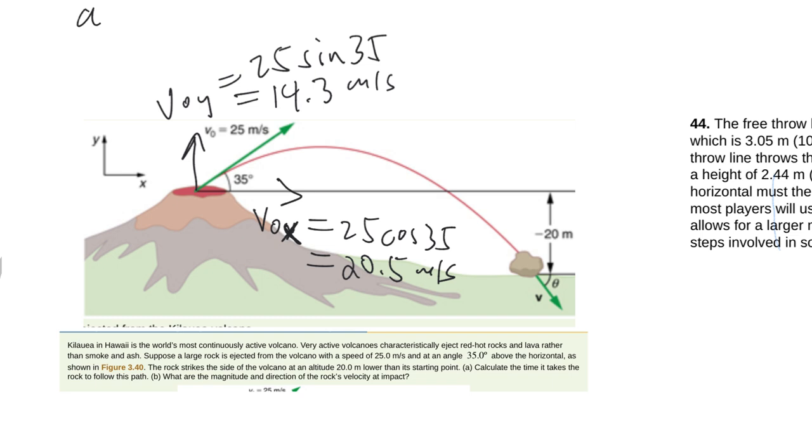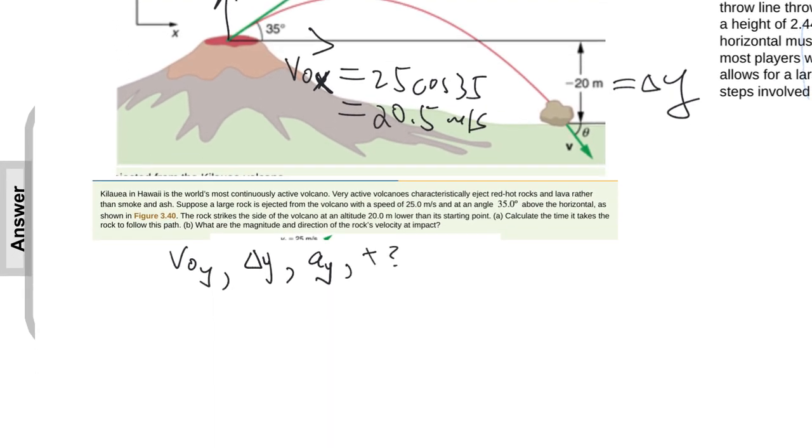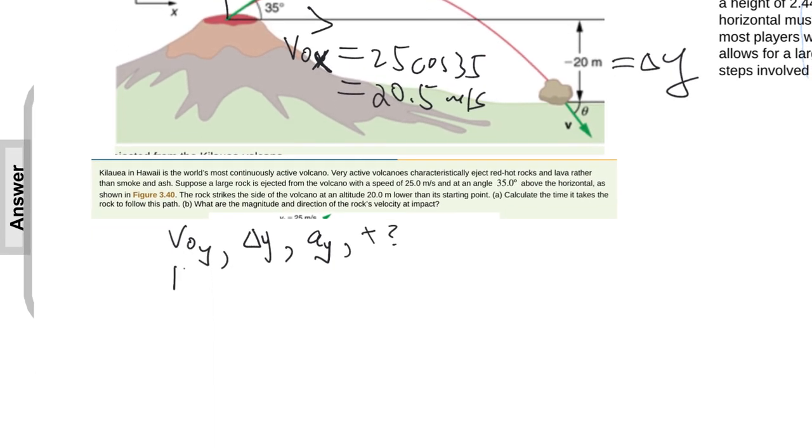Calculate the time it takes the rock to follow this path. Okay, so really, the delta Y is equal to negative 20 meters. So these are the values I have. VOY is 14.3. Delta Y is negative 20. AY is negative 10. And T is the question mark.